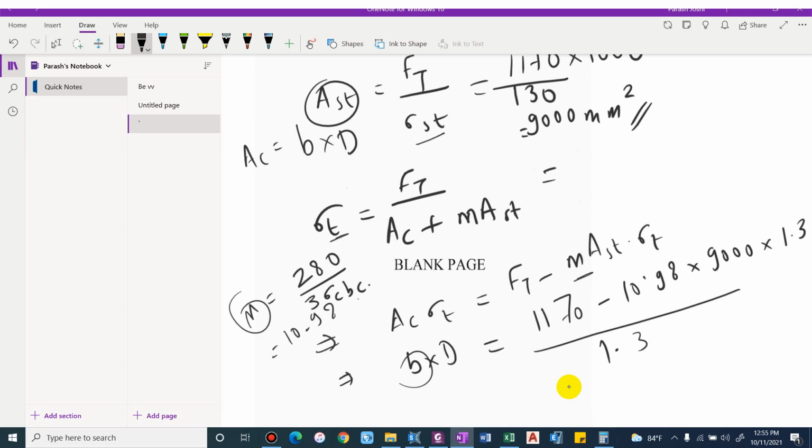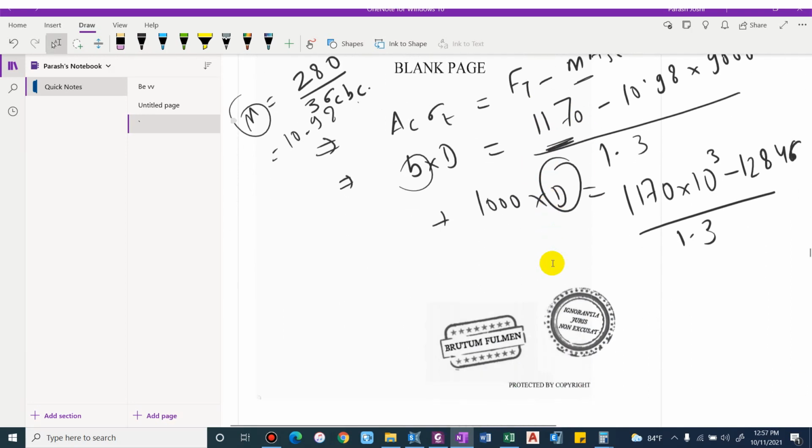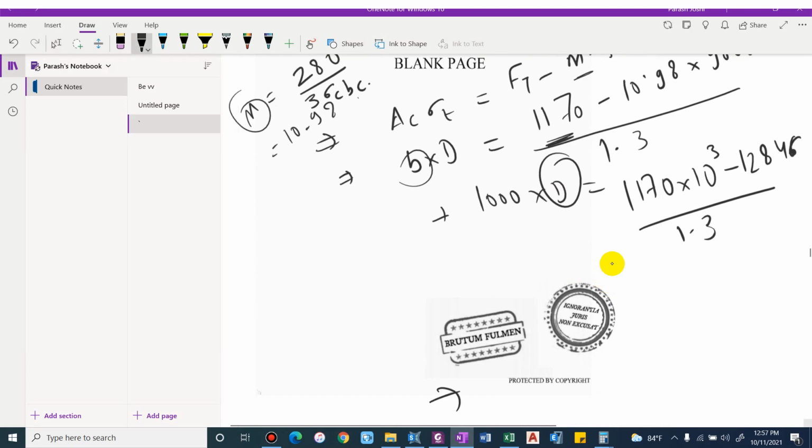We'll consider a unit width, so this is 1000 mm into D, this is in kilonewton, so convert this into mm, and finally you can get the value of D, the depth required to resist this hoop tension without cracking, considering a certain percentage of steel, as 801 mm. So the depth required at base is 801 mm, and we have to provide a minimum depth of 801 mm.